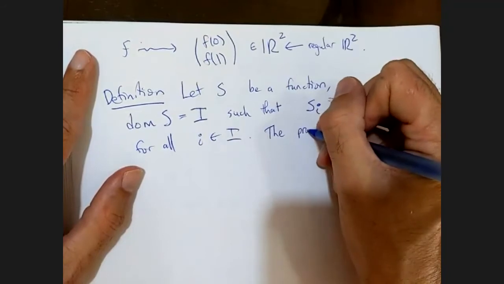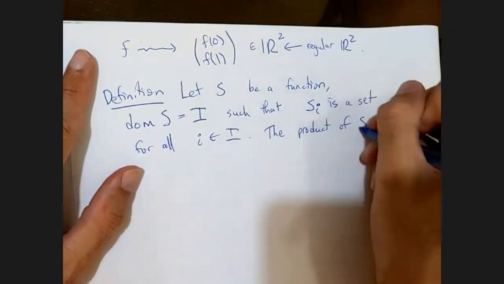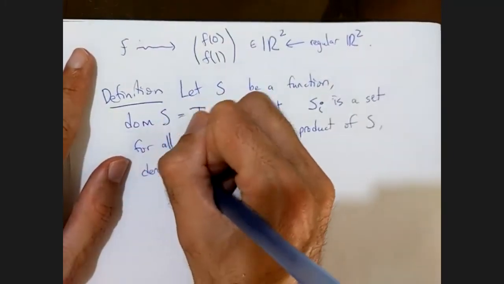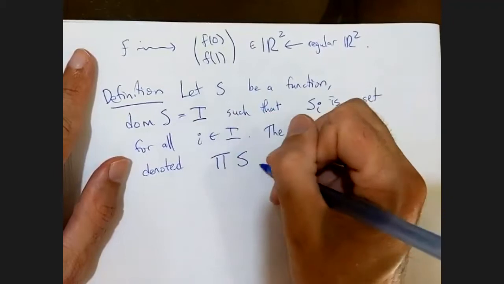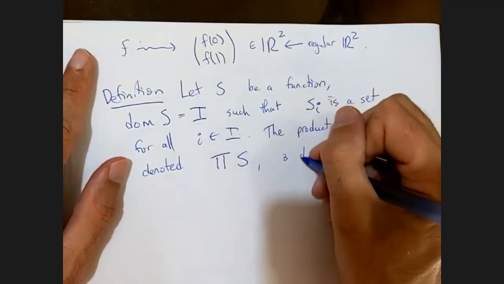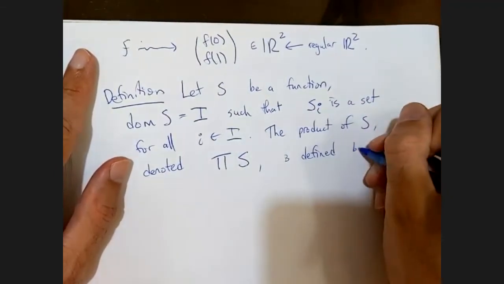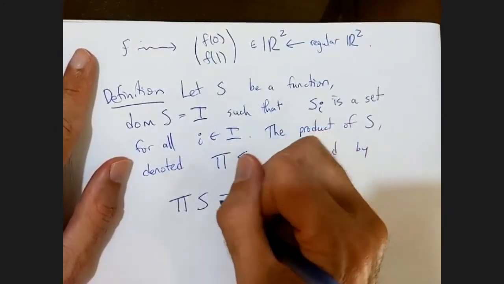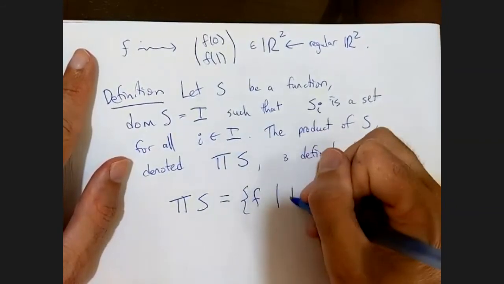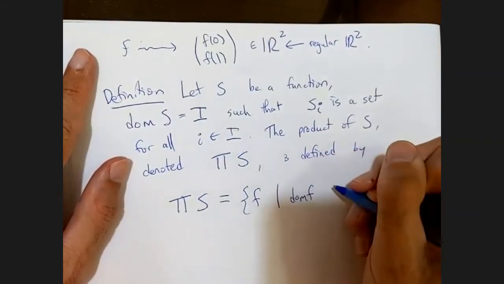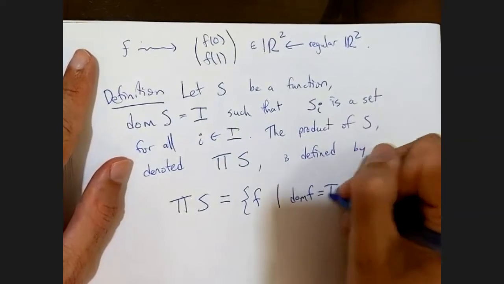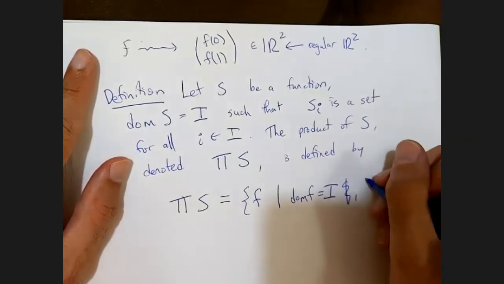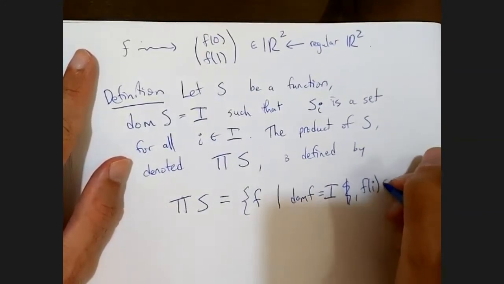The product of S, denoted pi S, is defined by: the product of S is the set of all F's such that the domain of F is the same as the index set, and also such that F of I is in S sub I.